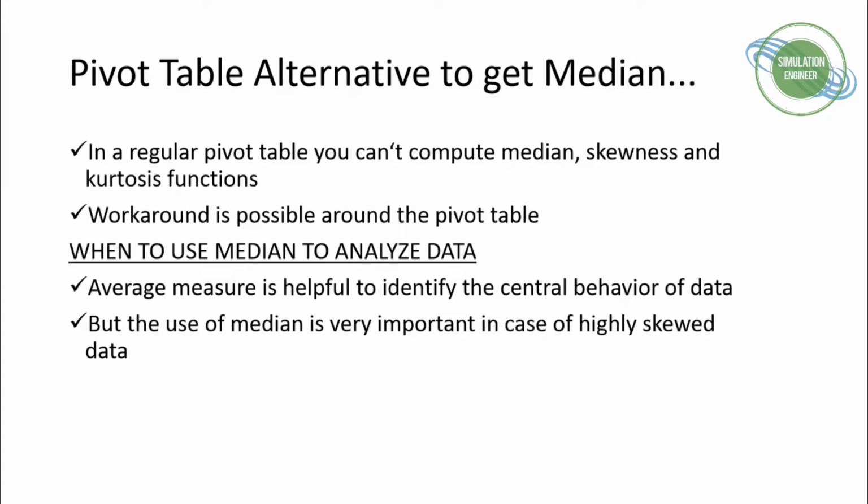In a regular pivot table, there is no option available to compute median, skewness, or kurtosis functions. So a workaround is possible around the pivot table. The hint is that you can calculate all the default or possible quantities using the pivot table.